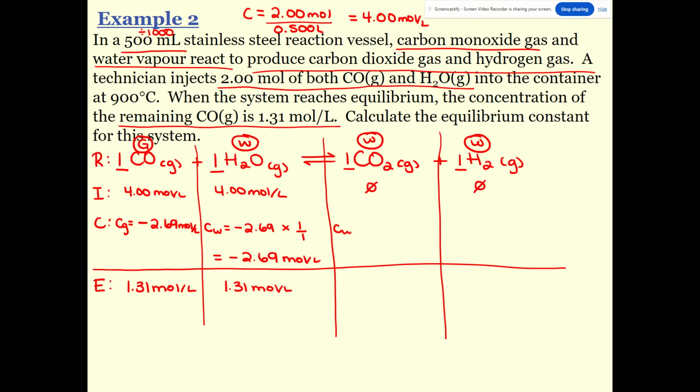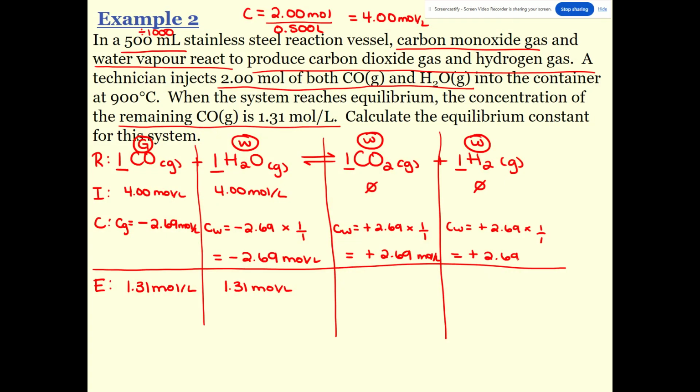My products are going to go up by the given change times wanted over given. So both of them are going to go up by 2.69 times 1/1. So they're both going to go up by 2.69 moles per liter. Products, again, always go up.